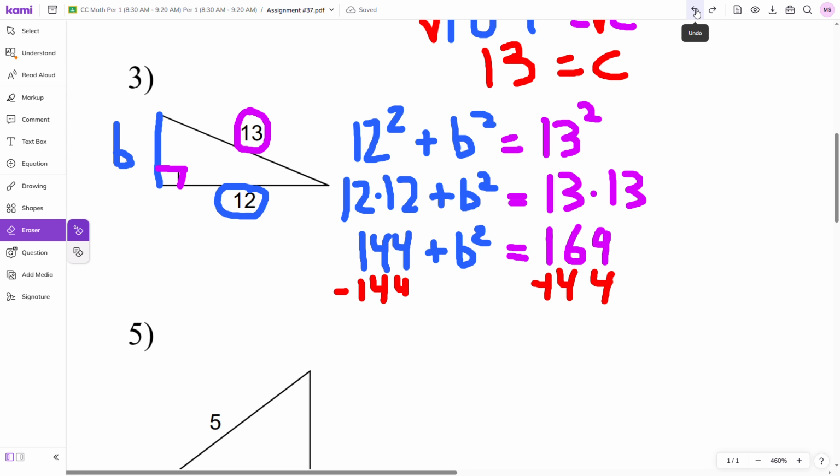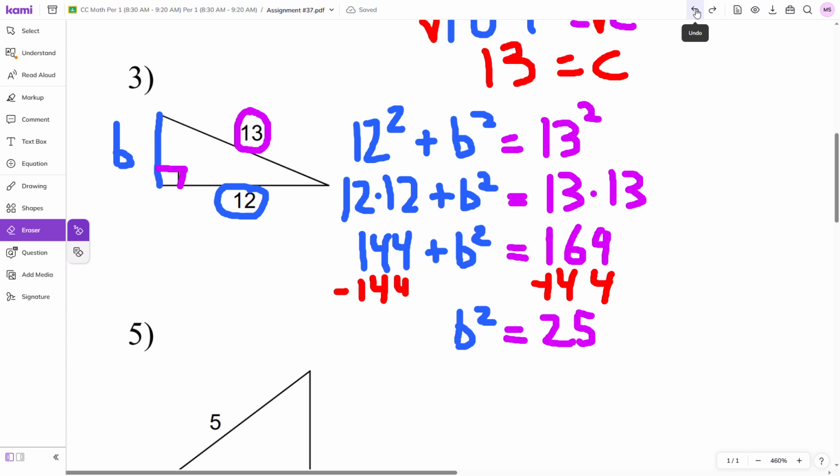Then we subtract 144 from both sides. The reason why is so we want to get that B squared by itself, because eventually we want to square root both sides. So we subtract 144. And then on the left side, we're just left with B squared and nothing else. And the right side is going to be 25. Now what?